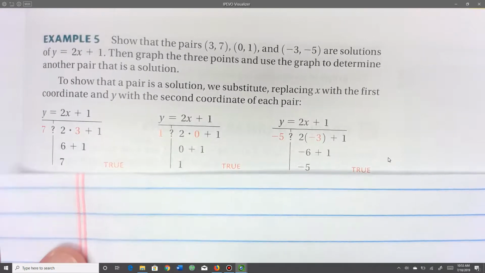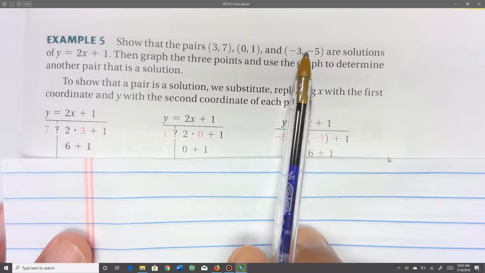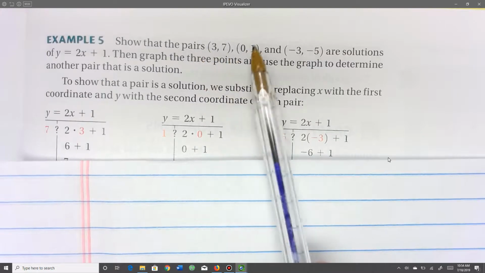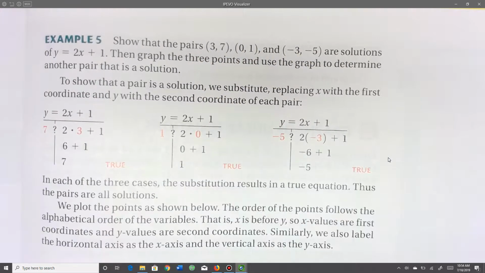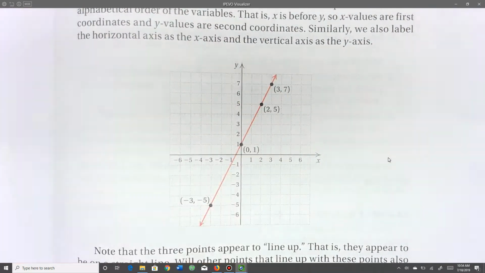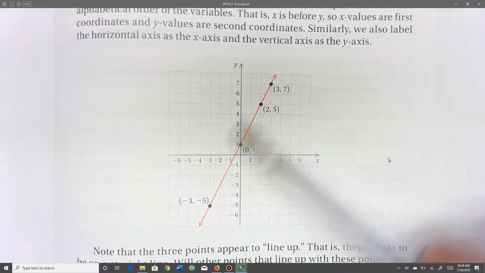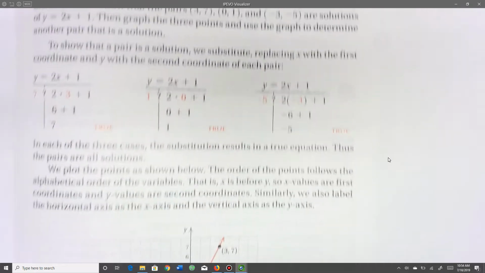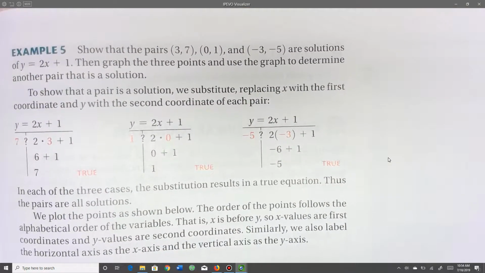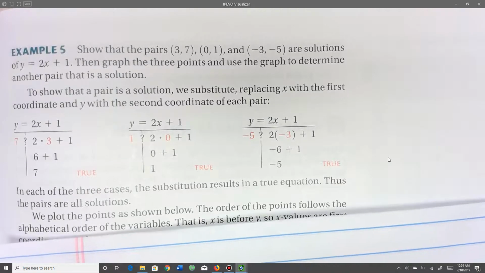Now they gave us 3 points because that's how many points you should plot on the graph to be able to graph the equation properly, because you're going to be tempted to use only 2 points.